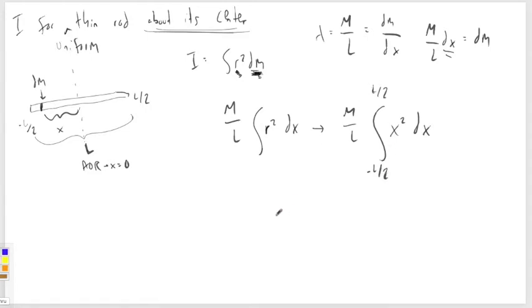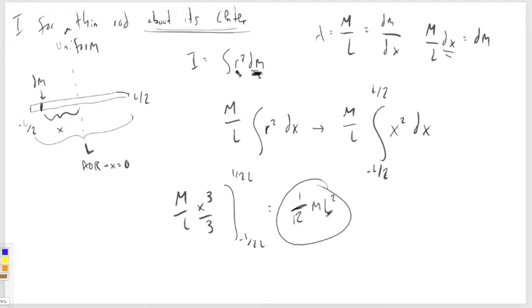I'm trusting that everyone here can integrate it. Okay, so there's our final answer, 1/2 ml squared. Excuse me, 1/12 ml squared.